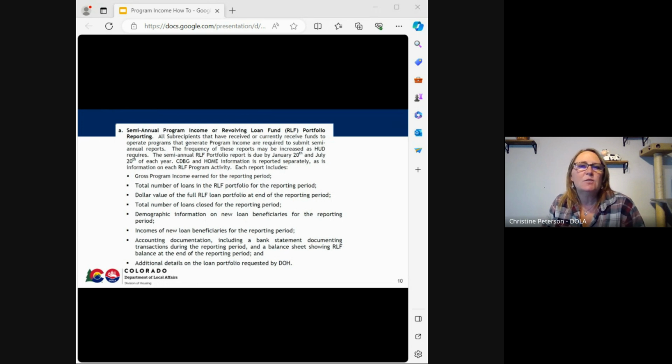Accounting documentation, we do require 6 months of bank statements so that we can understand the payments and what's going in and what's coming out. Transactions during the reporting period and the balance sheet so that we can also see that the balance you're showing on the report equals the balance sheet, which also equals the bank statement.